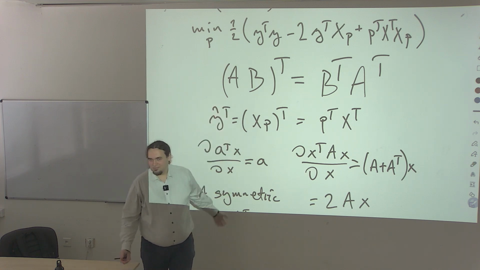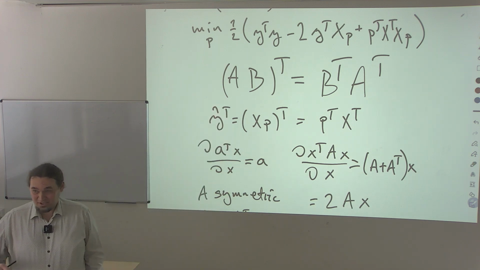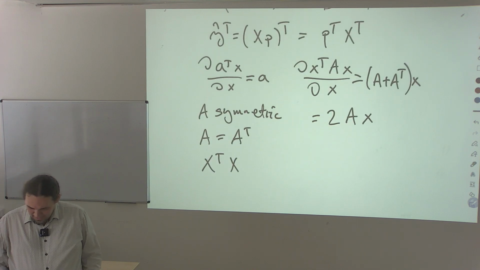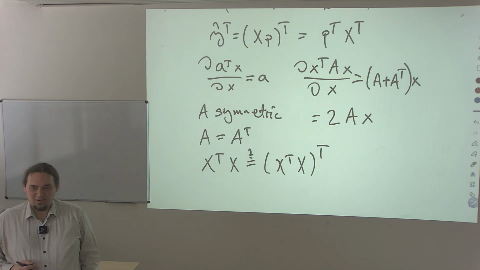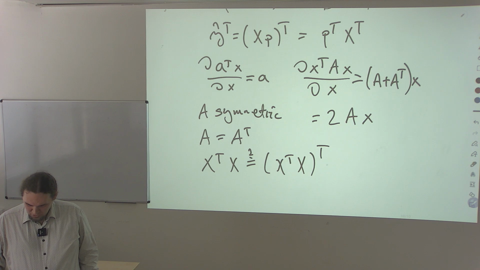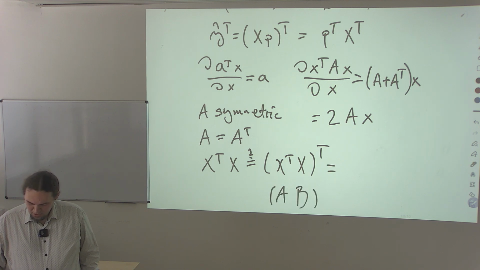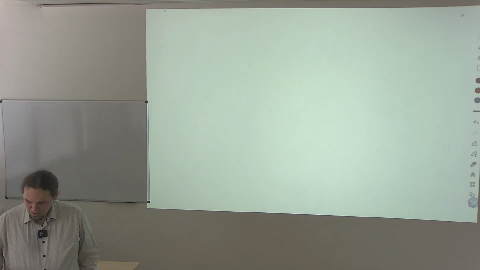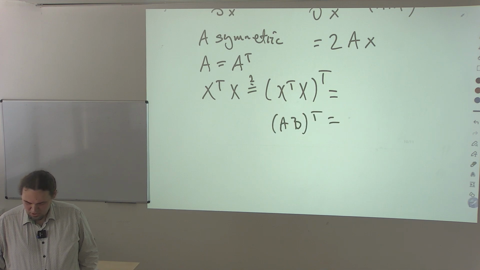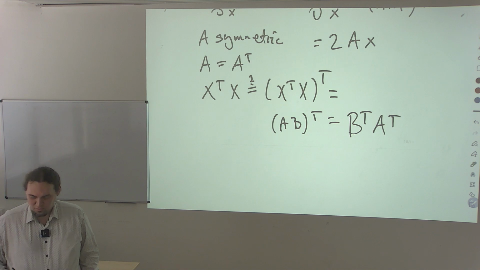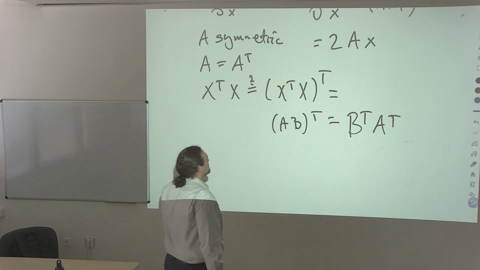Well, if this was a symmetric matrix, then if we do its transpose, we should get the equality. So is this an equality? What if we apply our good old formula, A times B transpose is equal to B transpose A transpose?